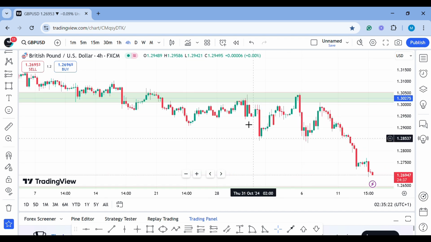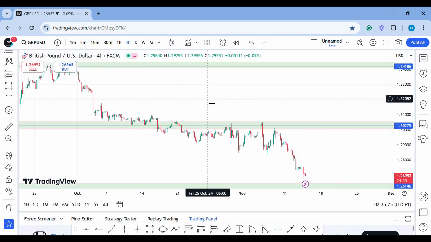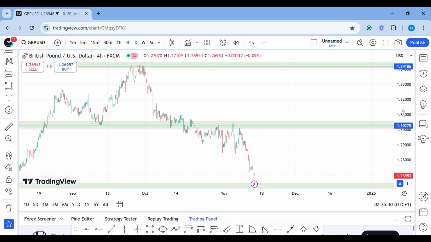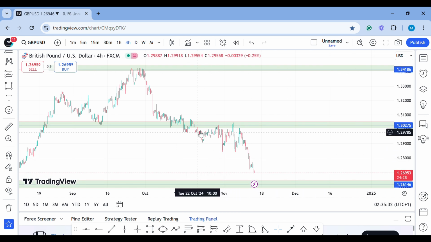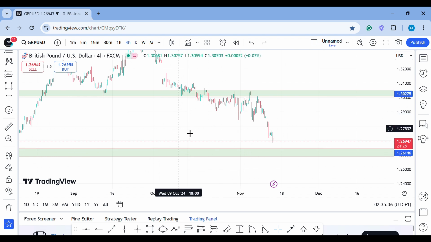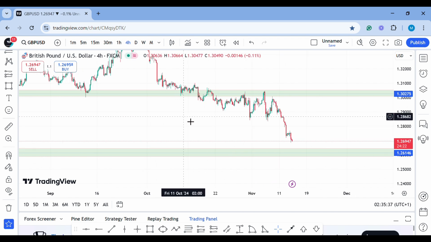Any recent zone within this 4 hour, we have to zoom out to see how the market must have reacted as a day trader.